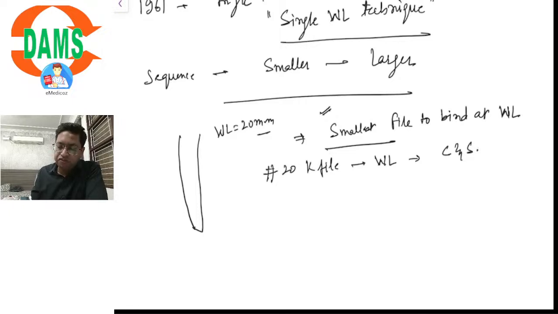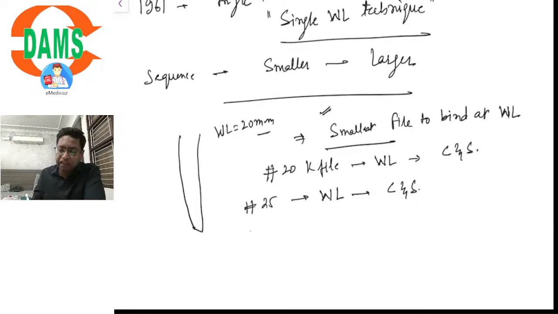We would then proceed to the next higher size, that is number 25, which is again inserted to the full working length, and we do cleaning and shaping in a circumferential manner. Circumferential cleaning and shaping means all the walls of the root canal are cleaned and shaped. We have already seen the filing motion in one of the previous sessions where I discussed endodontic instruments.